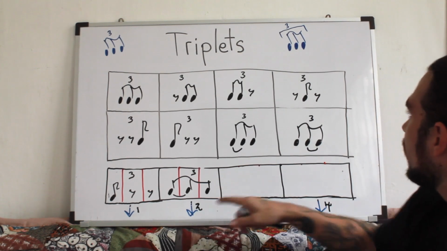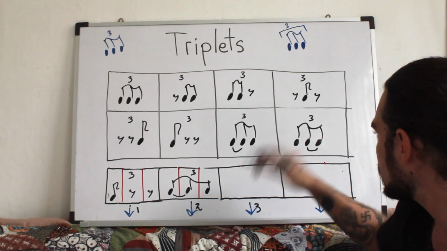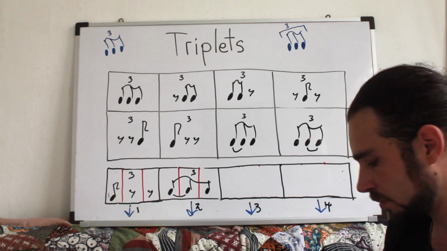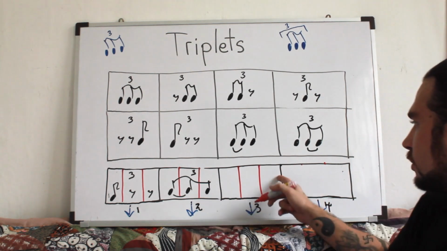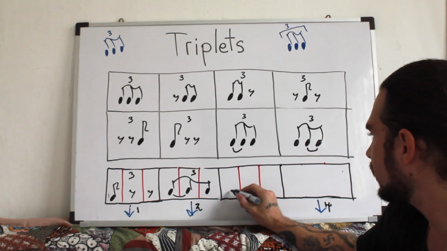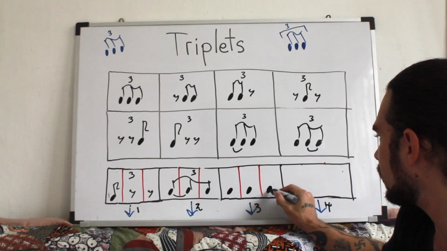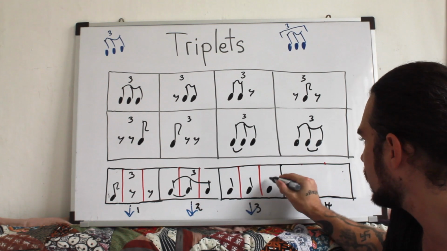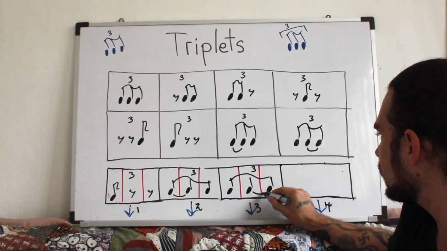Okay, and then we have our next one, which is basically the same thing, but just reversed. Let's give our triplet boxes. So 1, 2, 3. We've got a triplet here, and the second and the third triplet will be tied together. Indicate triplet with the 3. Tie these.